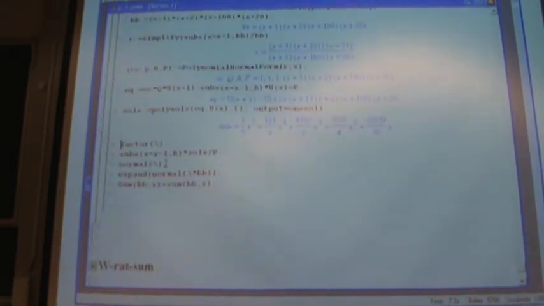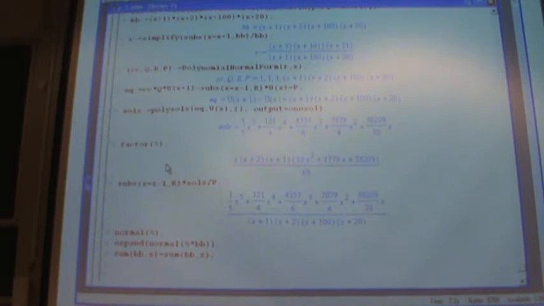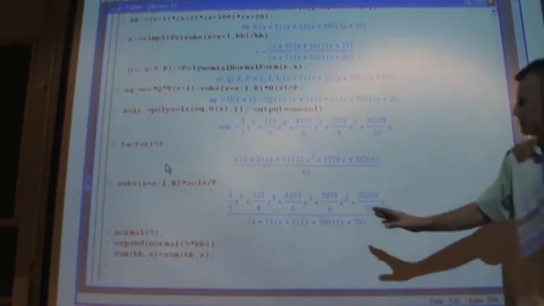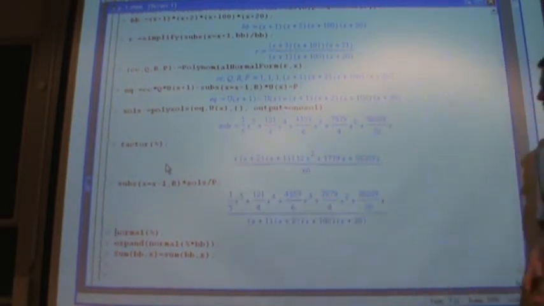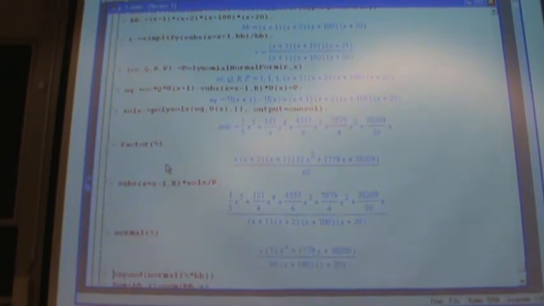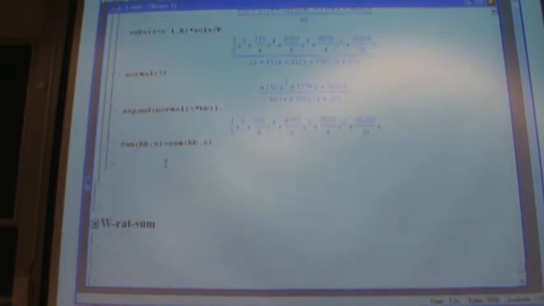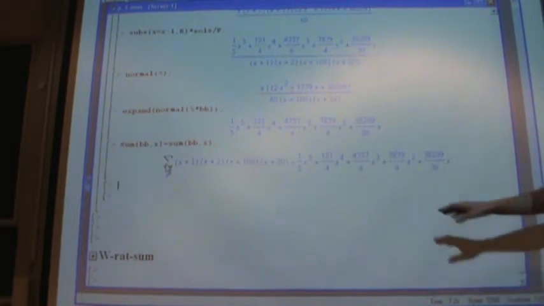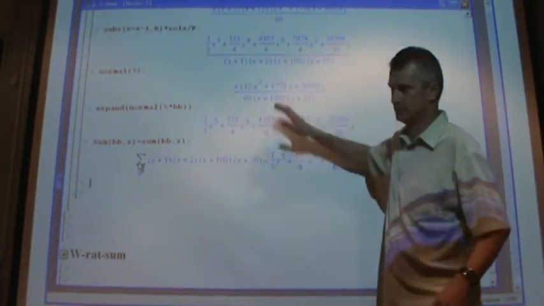Of course, it is solved. Then we need to substitute the solution into this form, and after normalization, we get the same output that Maple returns without using the Gosper algorithm.